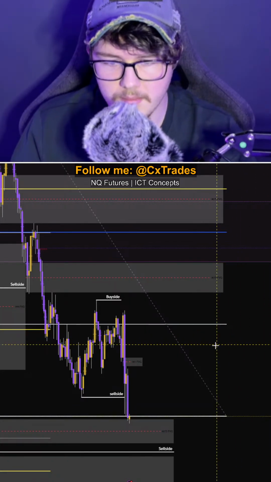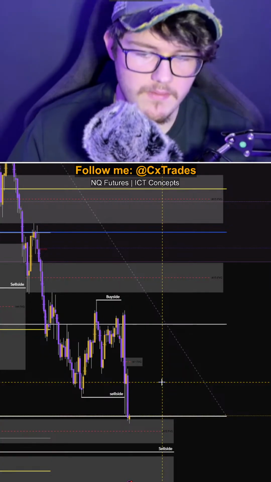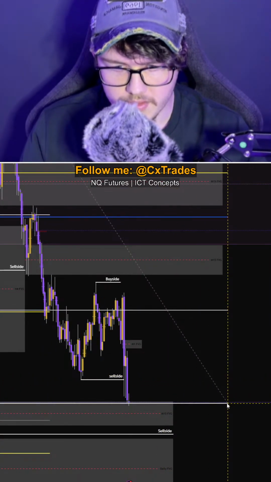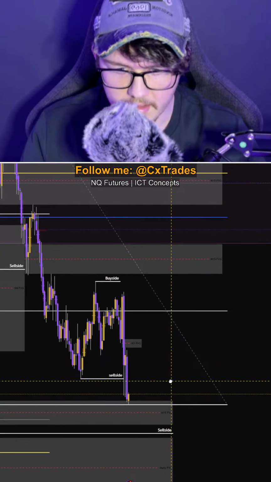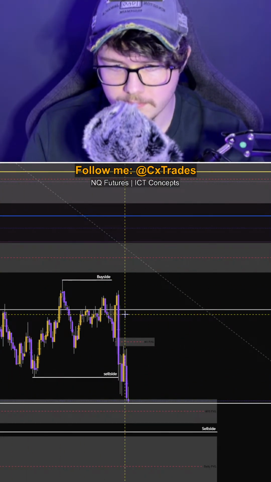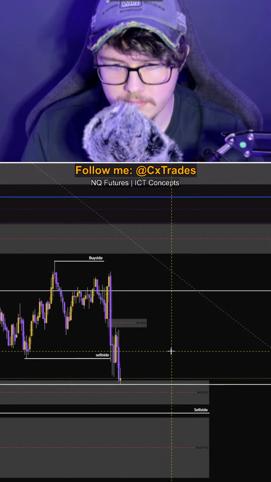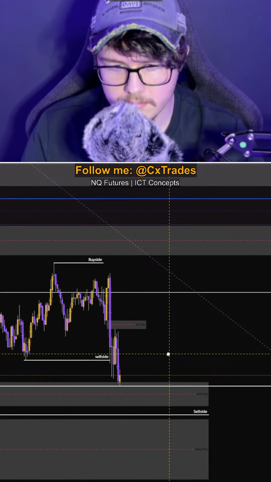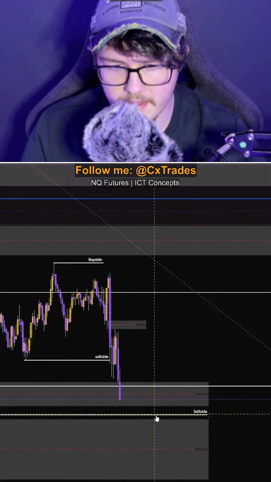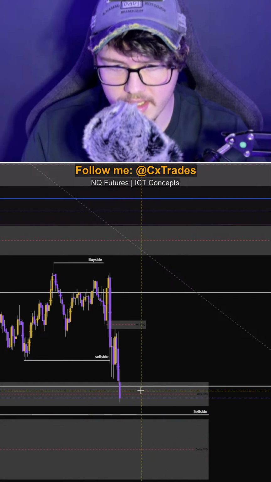So there's a 15-minute. Price did already run this 15-minute during FOMC, so it's not as strong as if it was a standalone, but we'll see. I currently want to see longs off of this sell side daily FVG here.